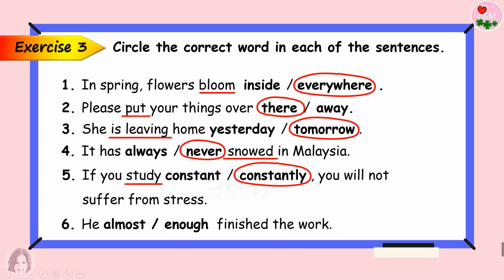Of course, answer is almost. The verb here is finish. The adverb almost tells us about the amount of work finished. The question being asked here is, how much of the work did he finish? Almost finished. So well done if you got those right.